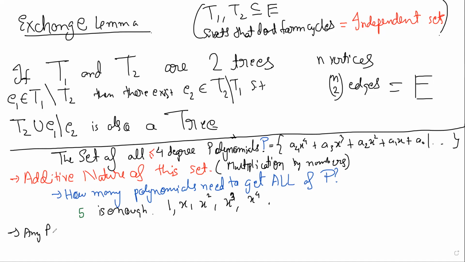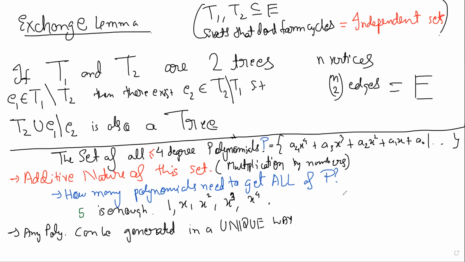Any polynomial can be generated. Between any two points you could go, generated in a unique way. So the unique way is important here. That's what gives it that minimal structure.